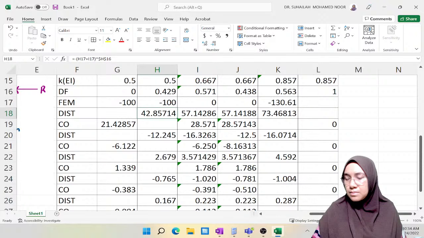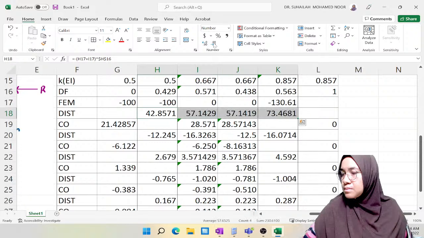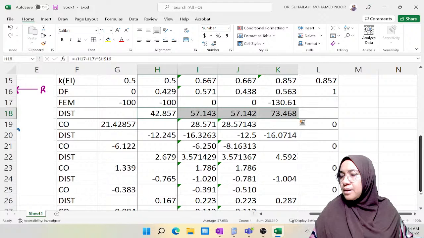Okay, three decimal places. So we can check whether we get the right answer.